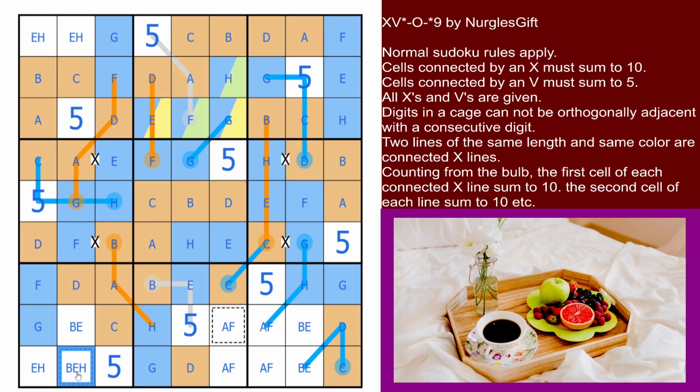Is there any other way to see that? Oh, H cannot be around F, or maybe G and F are partners. So no, it's not that. H is low, right?